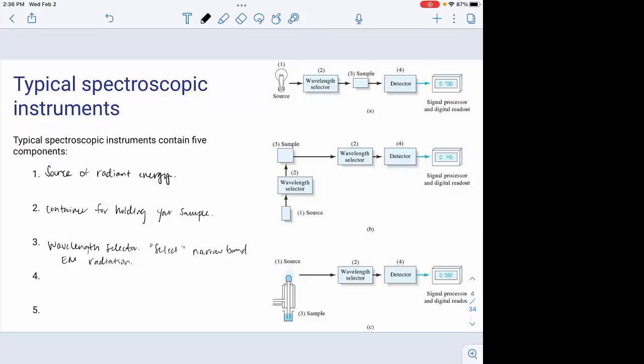In both places, the actual elements that you're using are pretty much the same, but they are there for different reasons. So it's a fun component to think about. The next is a radiation detector.